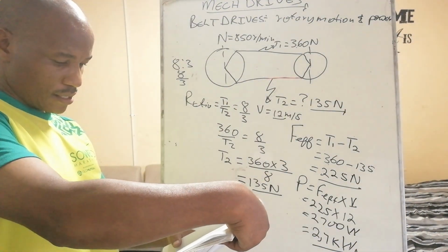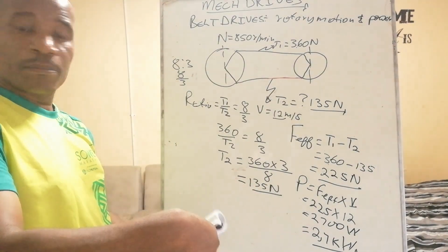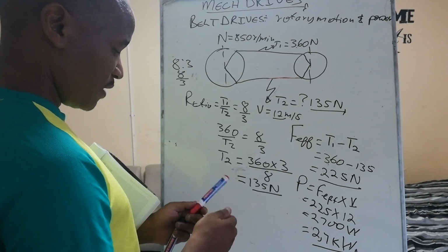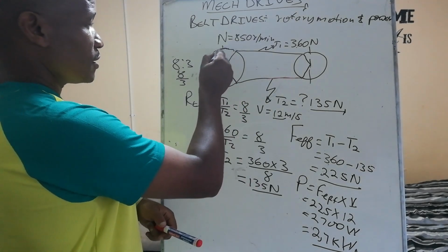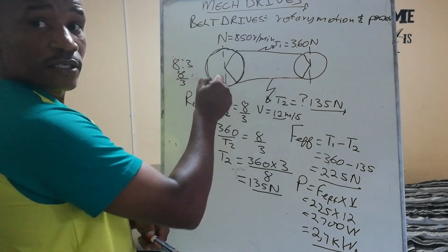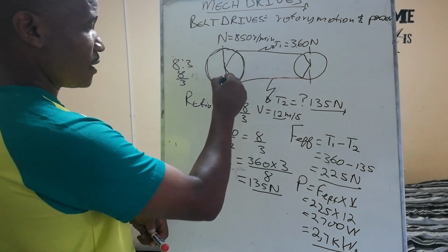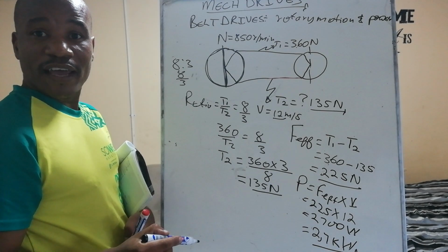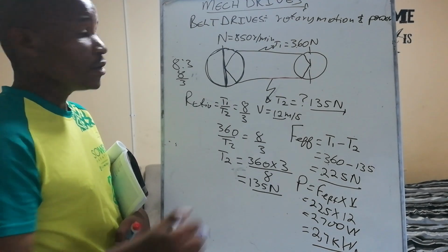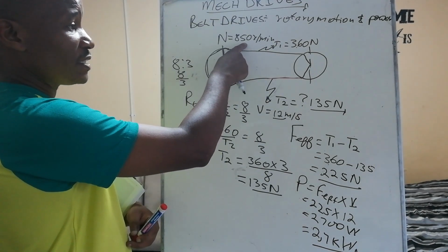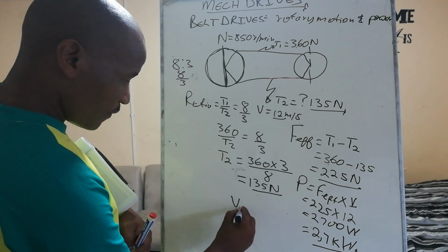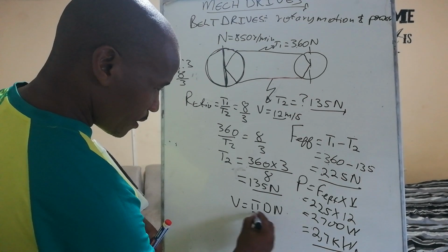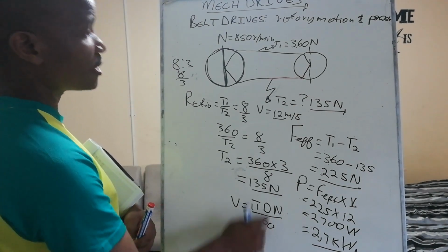And then the diameter of the pulley. The diameter is a line that divides that pulley into 2 halves. You are given velocity equal to pi d n over 60. Why 60?